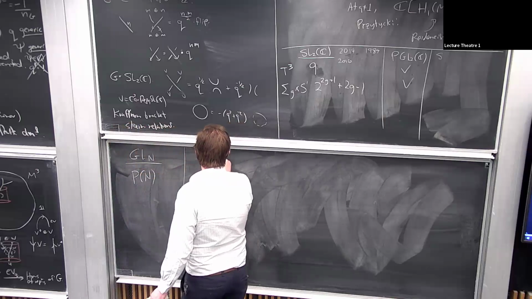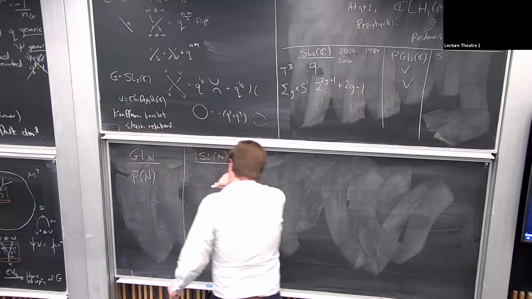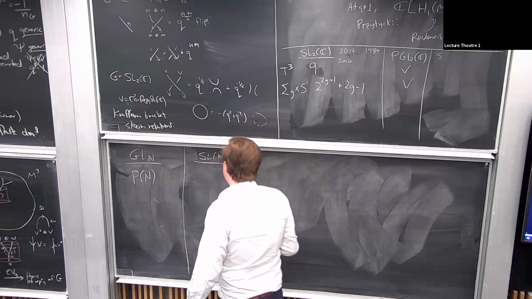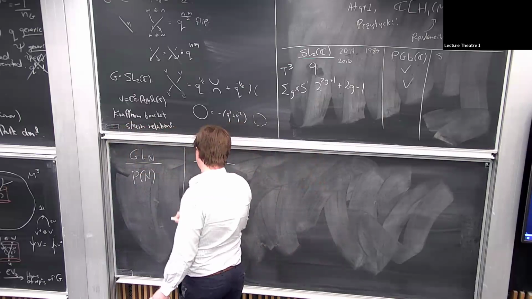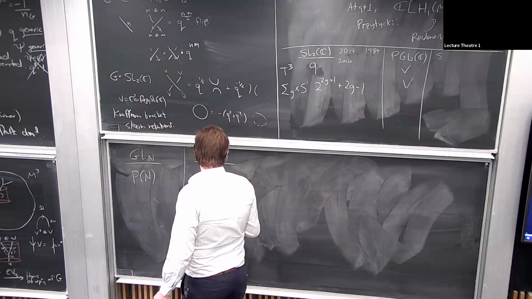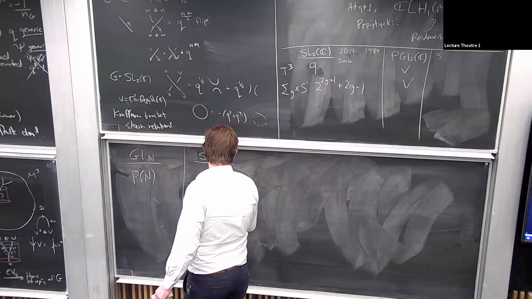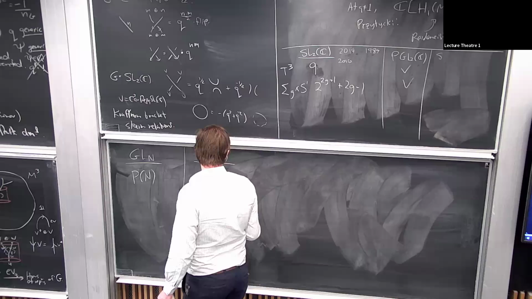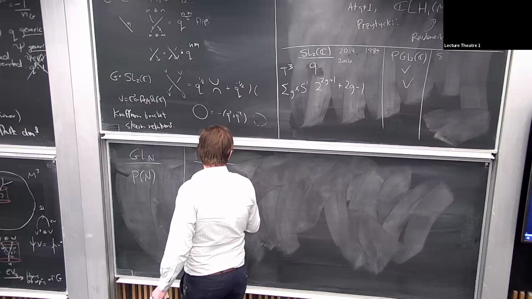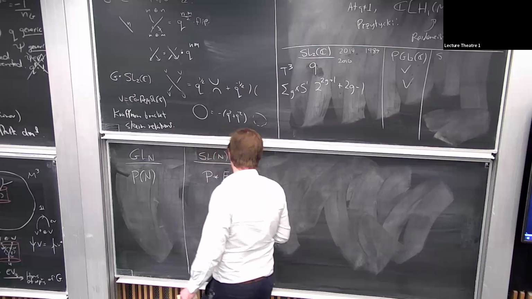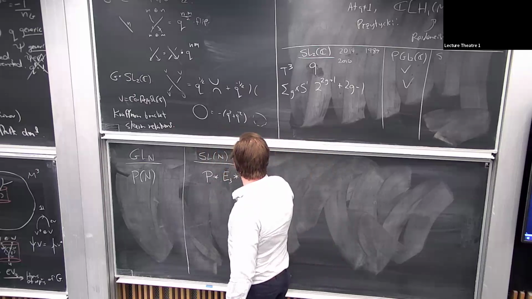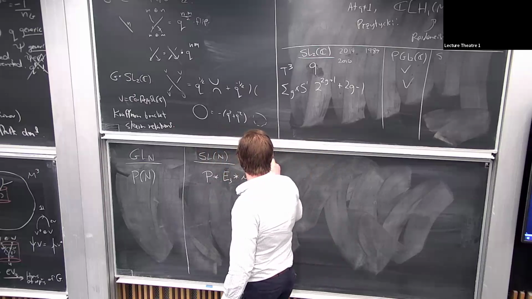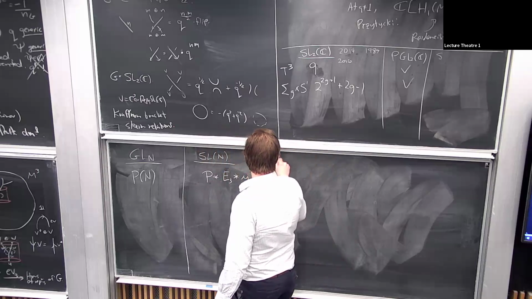For SLN, there's a few different ways to state the formula. But one way to state it is you take the partitions, you convolve that with the cube function, E3, and you convolve that with the Mobius function. So the partitions, just counting the number of Young diagrams, E3 of some integer is just n cubed.